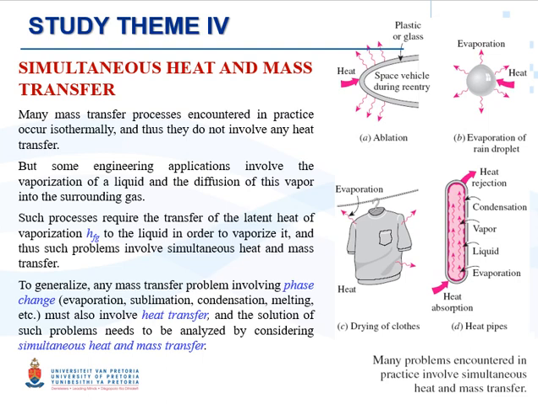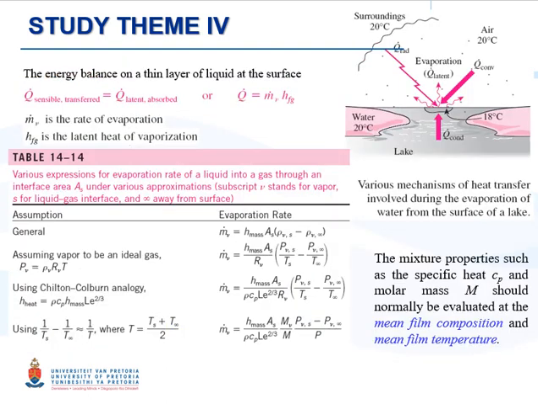It looks a little bit complicated or overwhelming when we are talking about simultaneous heat and mass transfer, but don't be confused. It's not as difficult as you might think. It's much easier. We are going to talk about it.